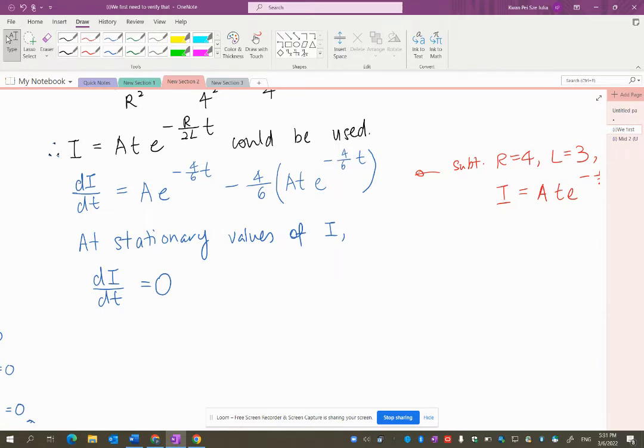Okay, so we set dI/dt equal to 0, which means that this thing equals 0.